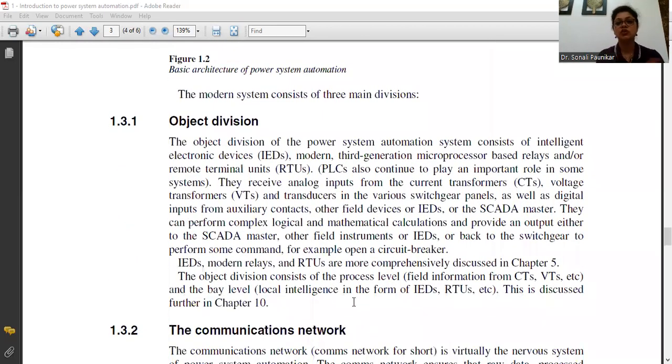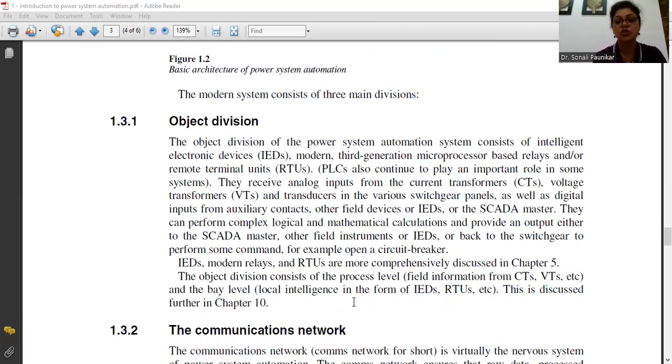The object division of the power system automation system consists of intelligent electronic devices, the modern third generation microprocessor based relays, or the remote terminal unit, and we can again use the PLC system in the object division.